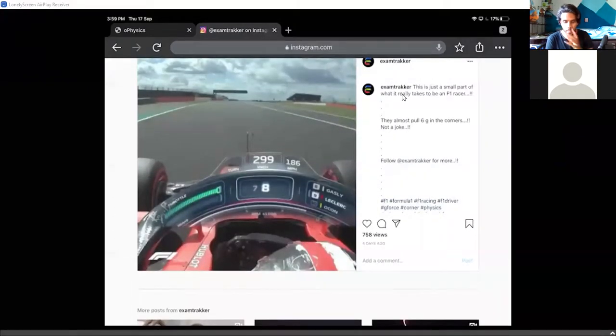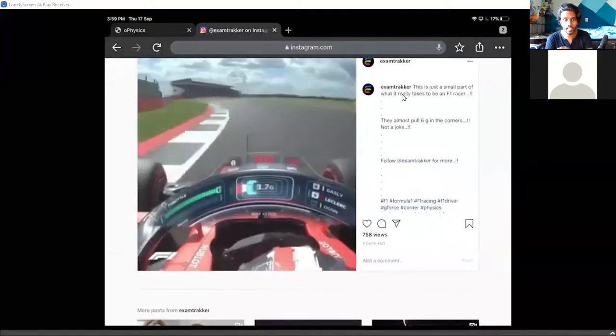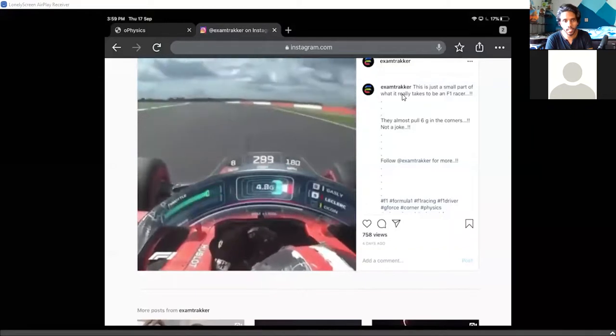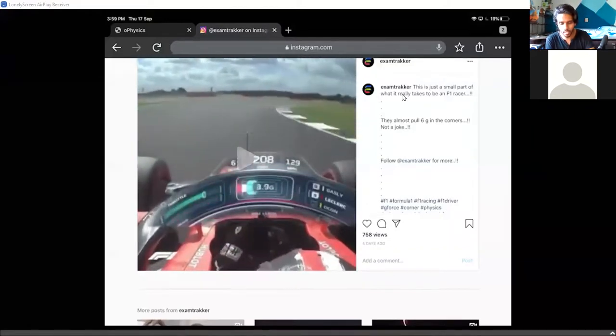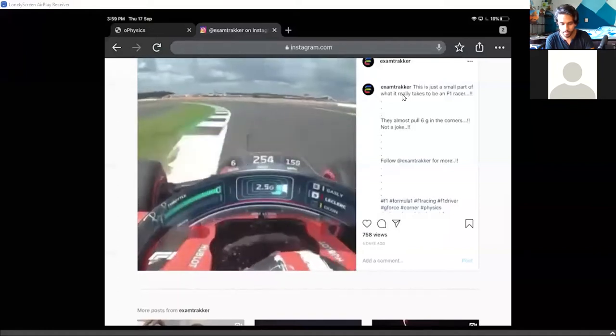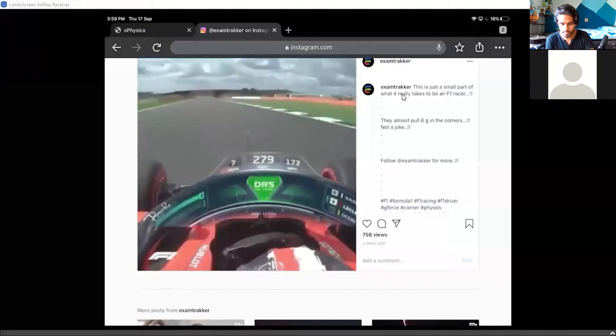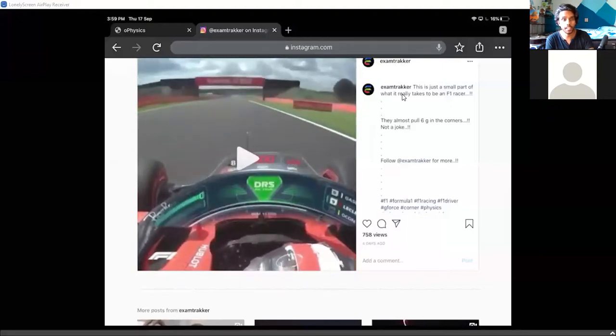I clearly see in the turning, you can see he gets the pseudo force also, almost 5.5 G. It's 3.6 G now. Let me try to pause it at the right point. DRS is not the DRS that they have in your cricket matches.